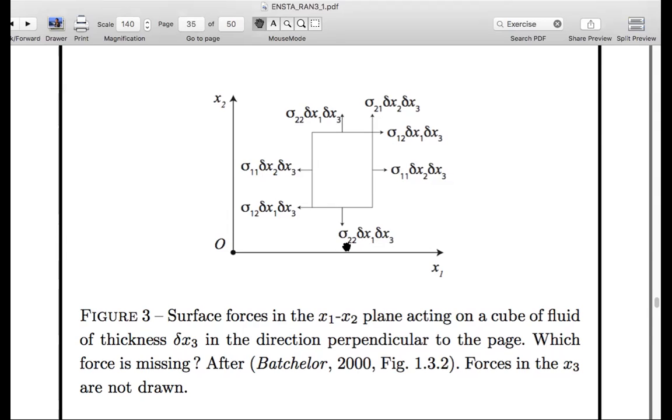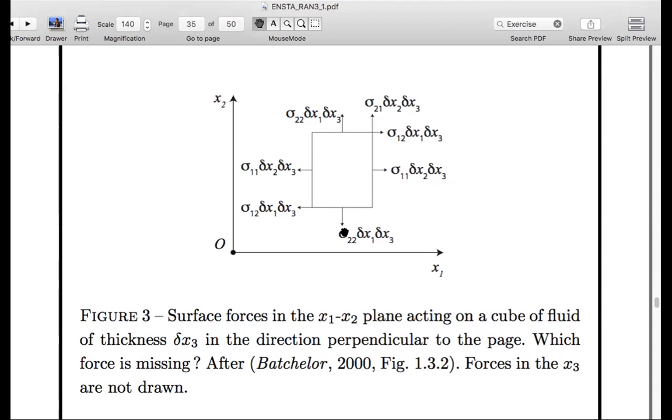So it's sigma 2 for a force in the x2 direction, but it'll be minus that times the area with normal in the positive x2 direction, but we have the minus x2 direction, so those two minuses cancel and give us just plus sigma 2 times the area, which is just the length here, delta x1 times the thickness delta x3. So it's the same area here as here, but the force now points in the opposite direction.